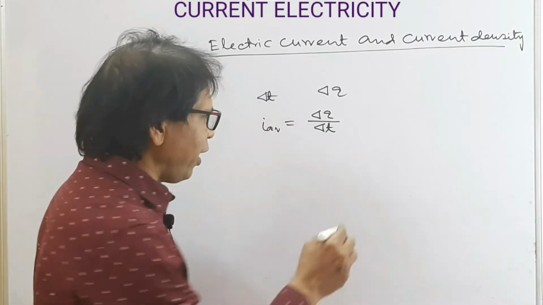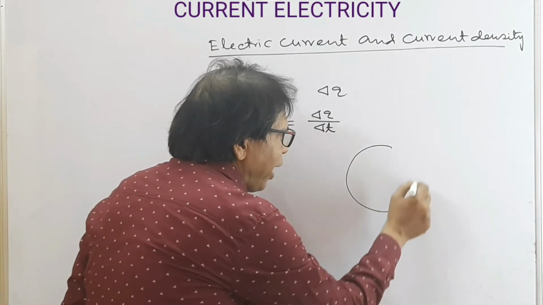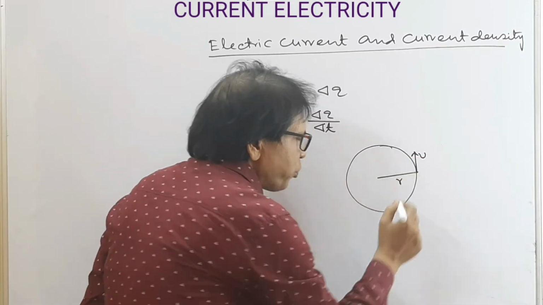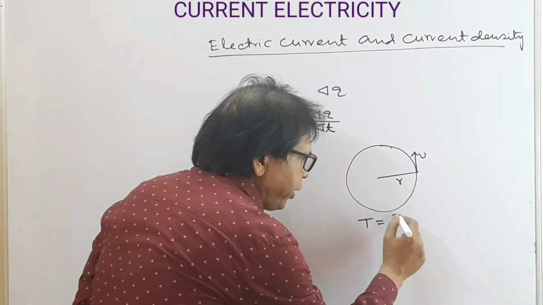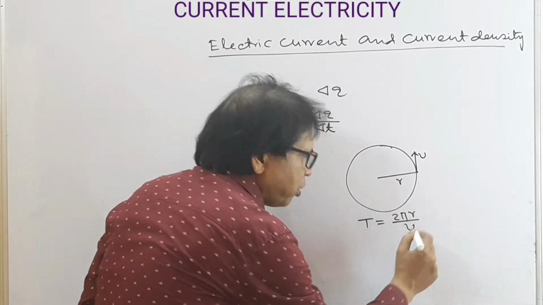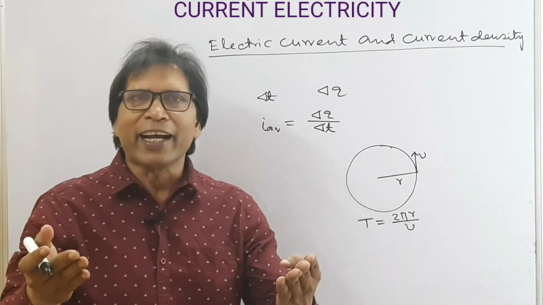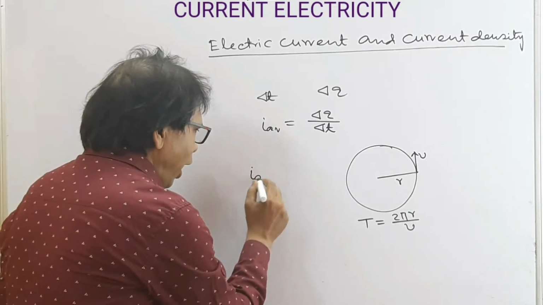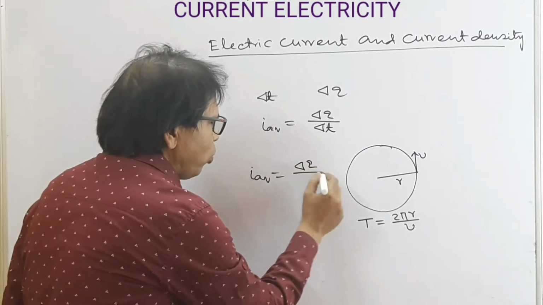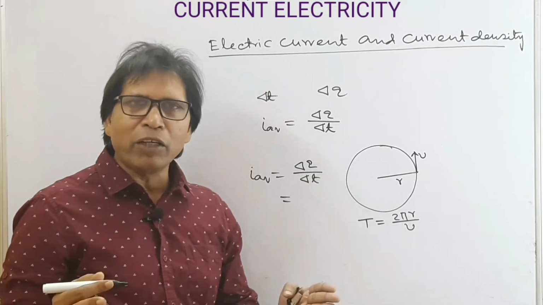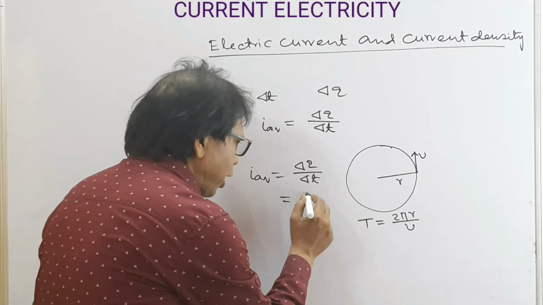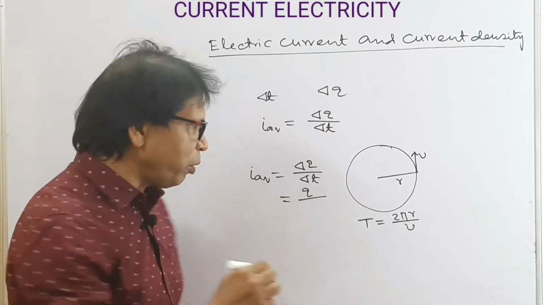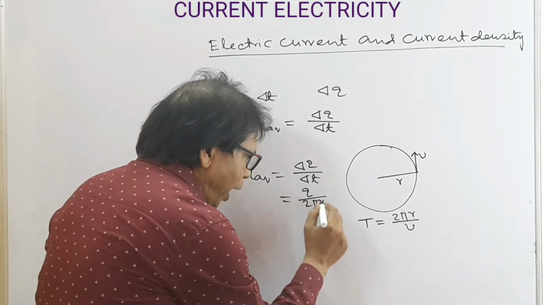If a charged particle q rotates in a circular path of radius r with velocity v, then the period of revolution is 2 pi r by v. So electric current due to rotation of the charged particle, delta I, is equal to delta Q by delta T. Now delta Q equals the charge of the particle, that is q, and delta T is its period of revolution, 2 pi r by v.